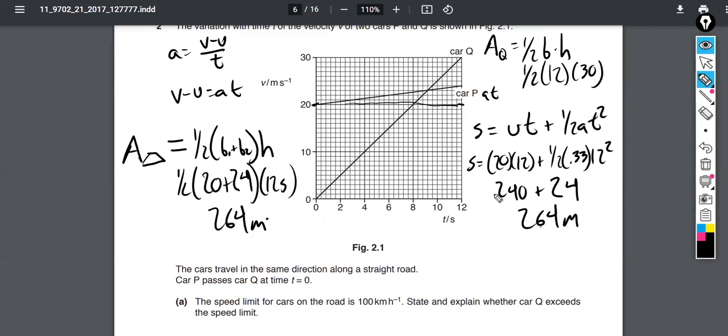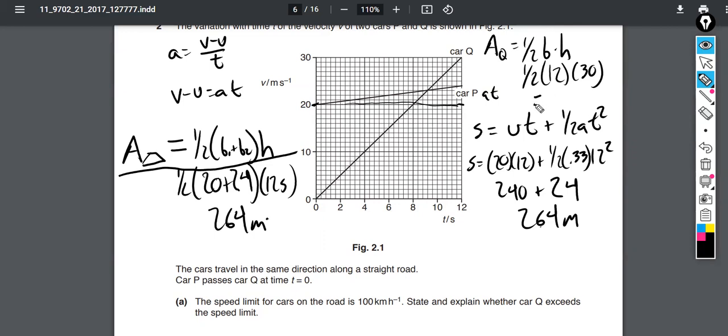the answers agree, right? So this is using an equation of motion, which comes from the area of a rectangle, the area of a triangle, the area of a trapezoid, same thing. Don't forget your area of a trapezoid equation. You never know when it will come in handy. And then the area of the triangle over here. So we've got our 12 times 30, base times height, but it's a triangle, not a rectangle, so we have to cut it in half.